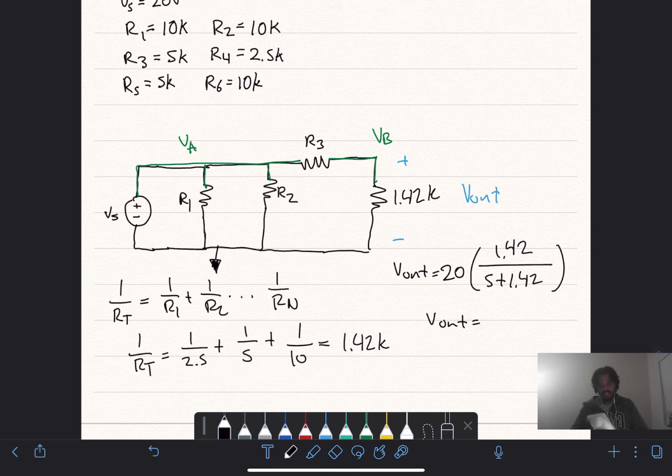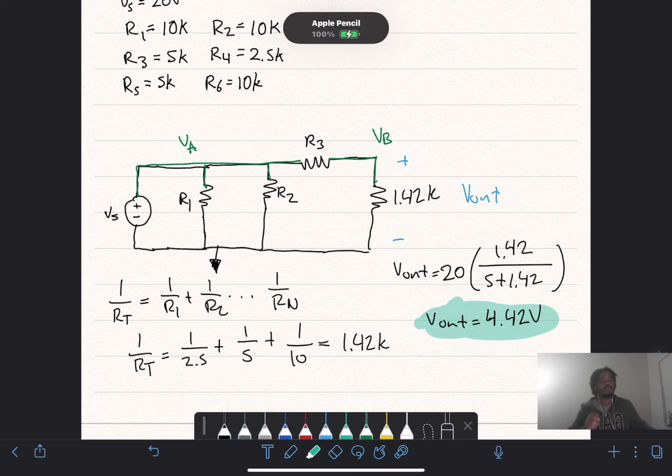I'll just put this in the calculator real quick. 4.42 volts as our final answer. So now we can quickly check it inside of LT Spice.